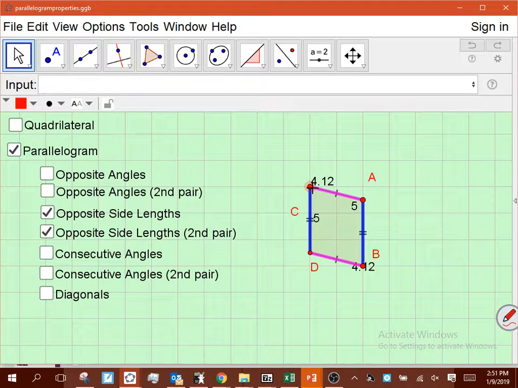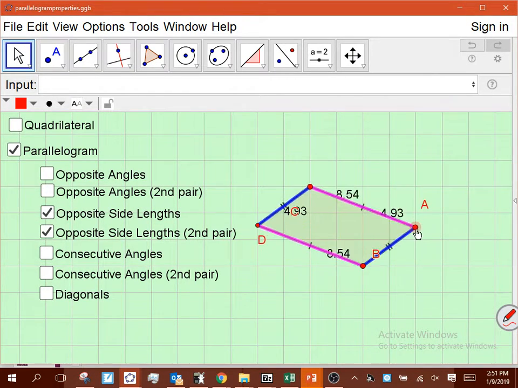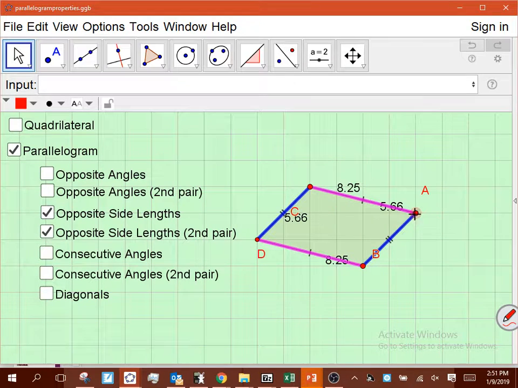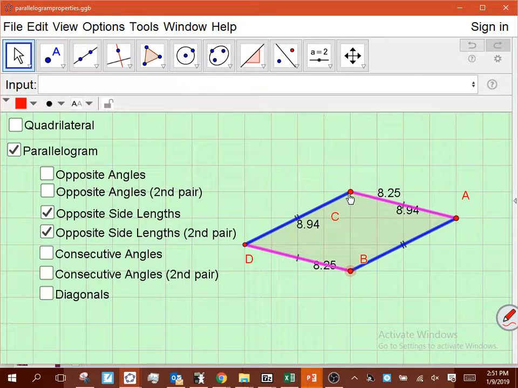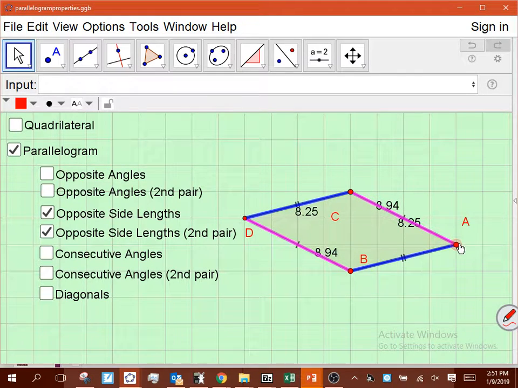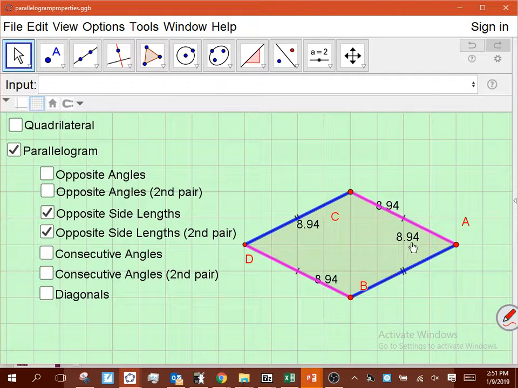But what if I did this? I can never remember which points I'm allowed to move, I think point D I can't move. Is that a square?